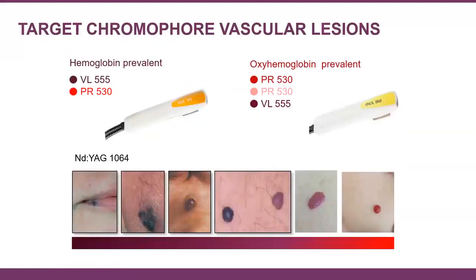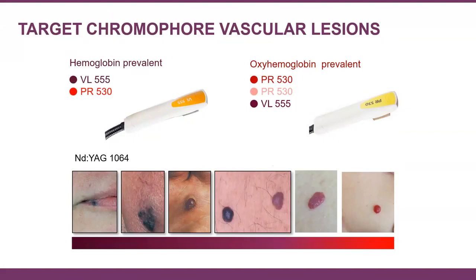When we're looking at our vascular conditions, depending on the depth of that vessel, and also sometimes the color can give you another indication, because the darker the vessel, in general terms, it means the deeper in the tissue it's actually going. So if we're treating darker colored vessels, we would tend to use the VL handpiece.